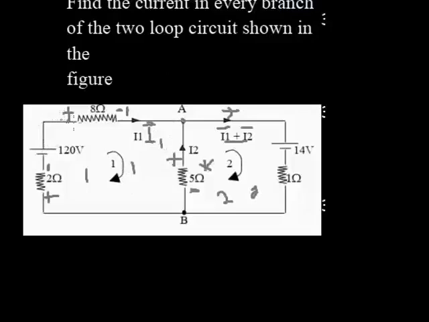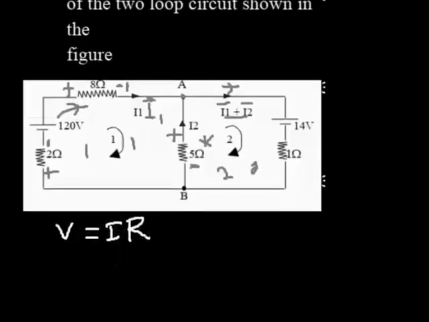Moving from the positive, I want to go clockwise. If I move from the positive like this, clockwise, I count the 8 ohm. I encounter positive first, so the voltage is going to be, remember, according to Ohm's law, voltage is always equal to IR. So what am I going to do? I'm going to multiply.